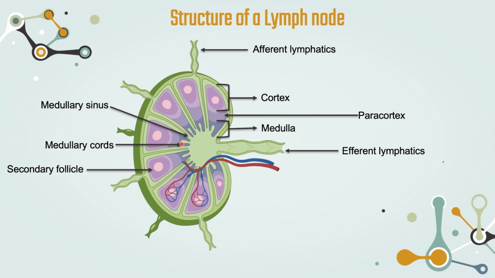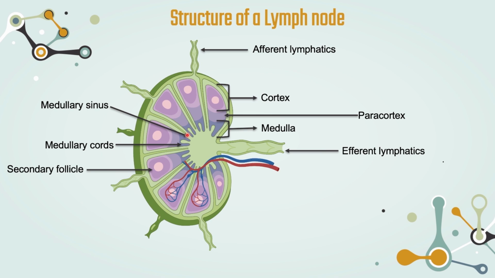The medullary cords have plasma cells and lymphocytes. They are packed with plasma cells and lymphocytes. But the medullary sinus is unique because it has macrophages, and you'll get numerous diseases where macrophage activation occurs.